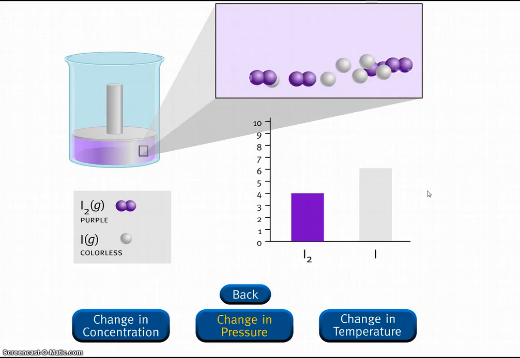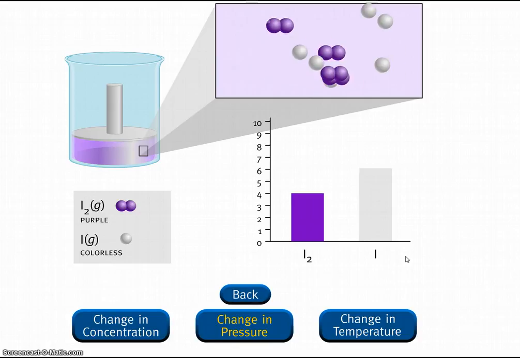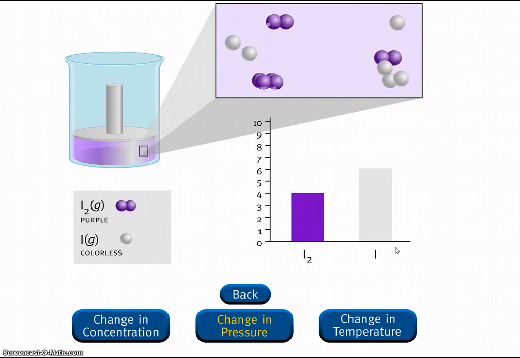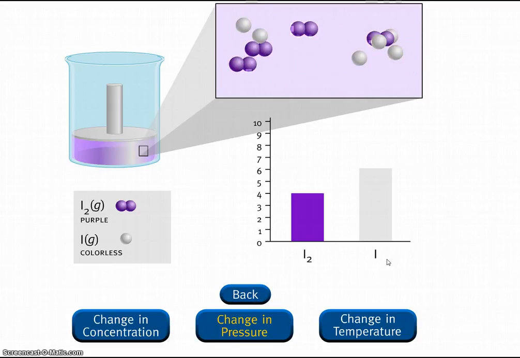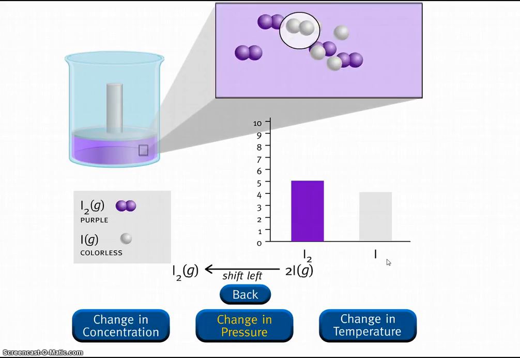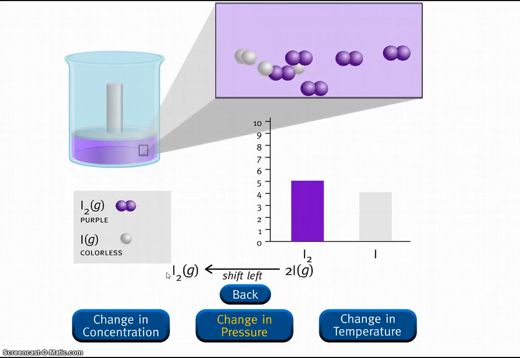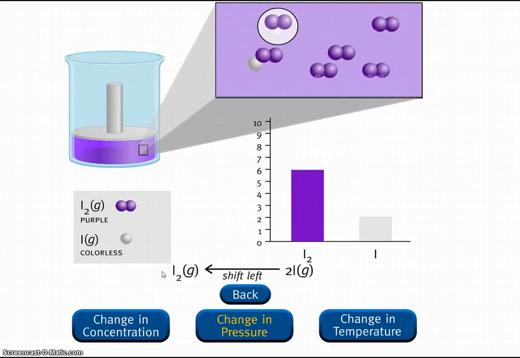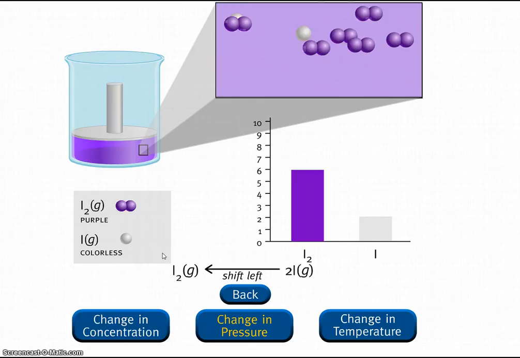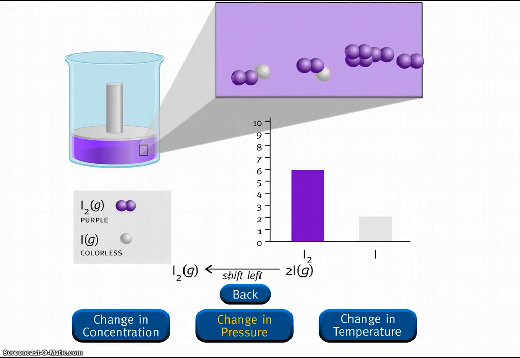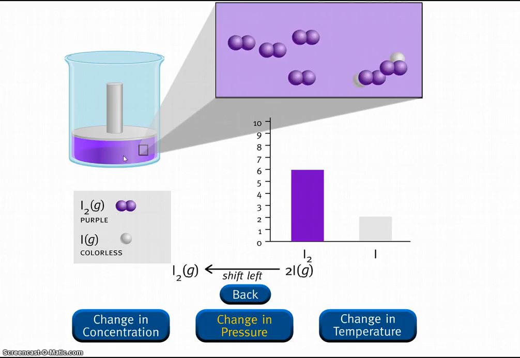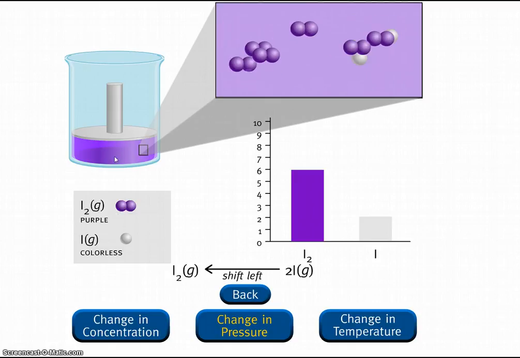Right now, here's our balance between the amount of iodine molecule and iodine atom, and it's going to shift towards the side which takes up less room. According to the moles, there's two on the right and one on the left, so equilibrium will shift towards the left, because when you bond two atoms together, they take up less room. And this is also a purple color, so we see that the solution has become more purple.